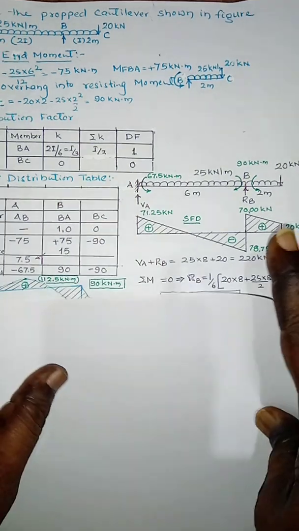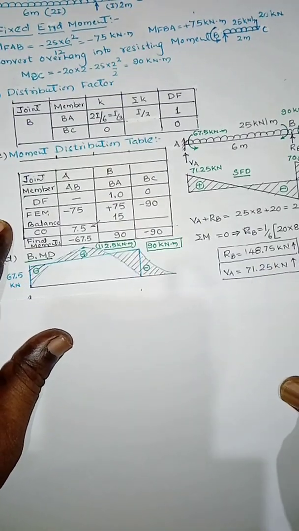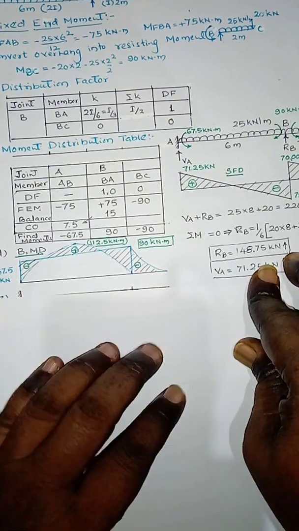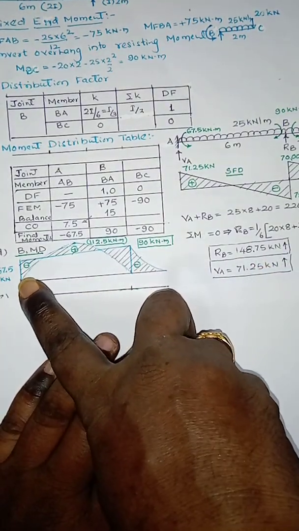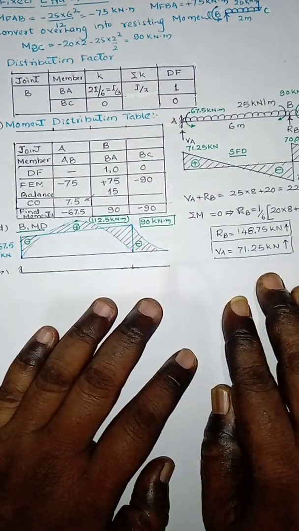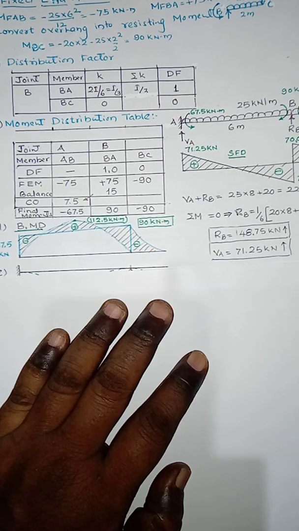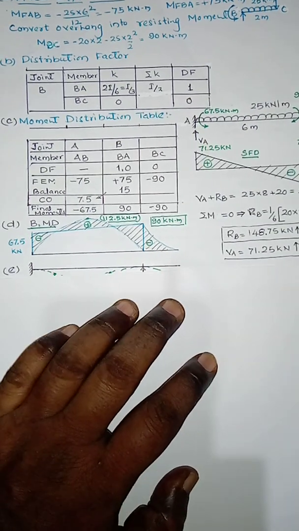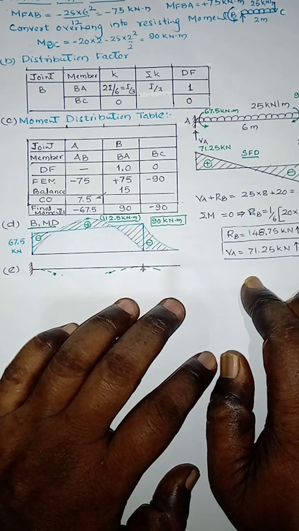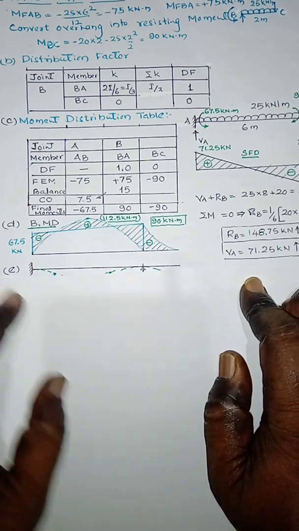To draw the bending moment diagram, at A the moment is 67.5. First draw the reference line or the datum line, and then show the ordinate of the negative bending moment, or hogging moment, above the reference line. That one is 67.5.